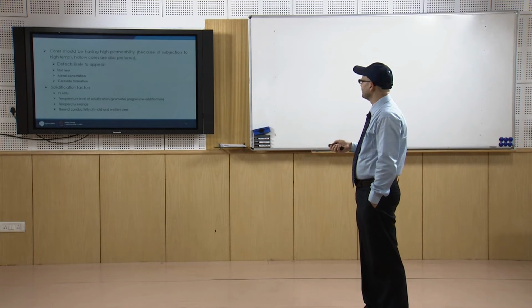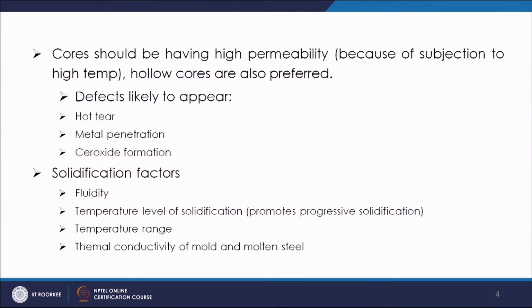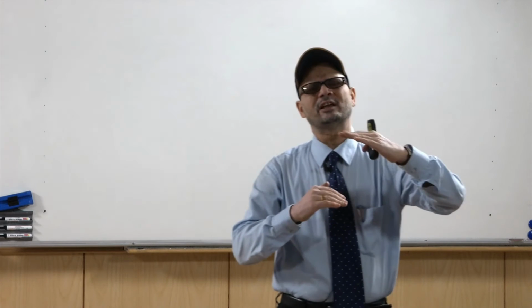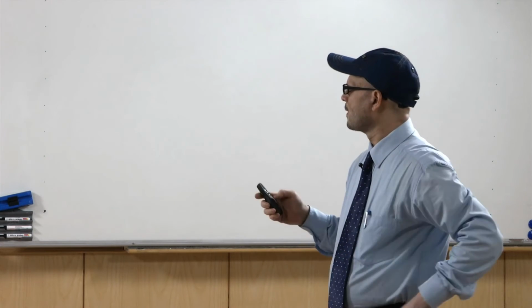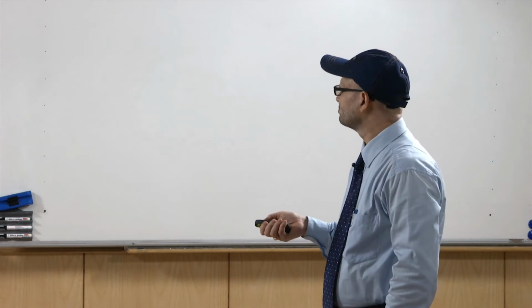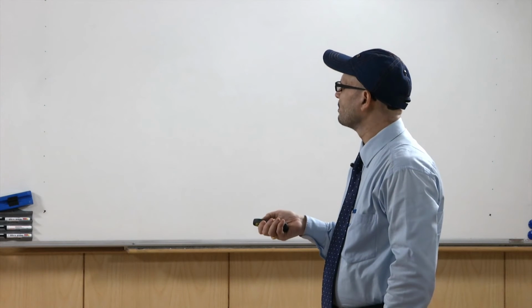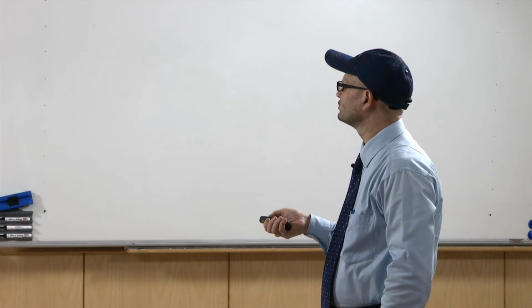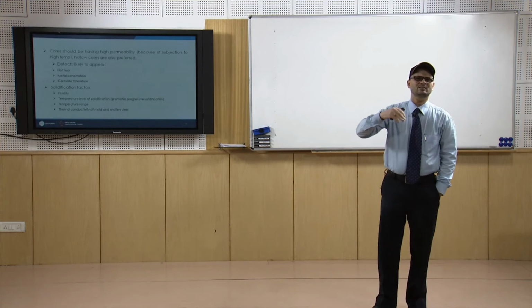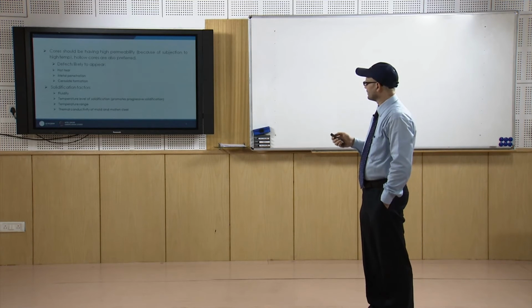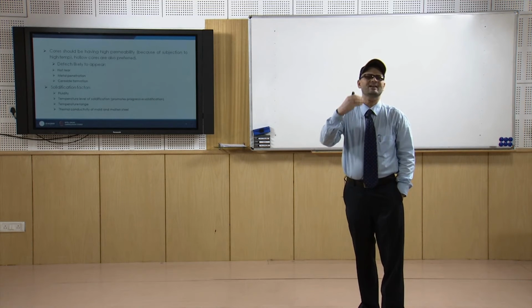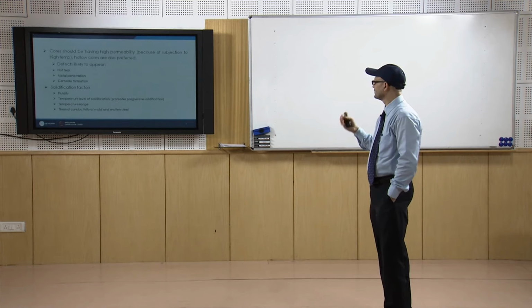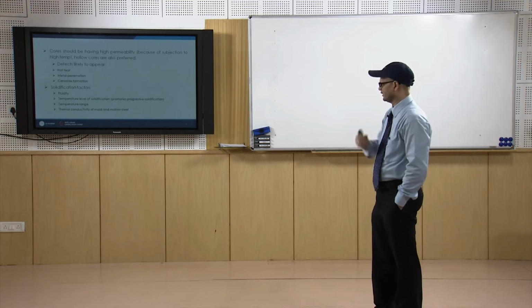Temperature range. In the case of steels, being an alloy, you have a freezing range, and a freezing range is not good from the solidification point of view, and we cannot avoid it, but certainly the degree of progressive solidification is somewhat hampered by the temperature range. If the temperature range is less, you may get a higher degree of progressive solidification.